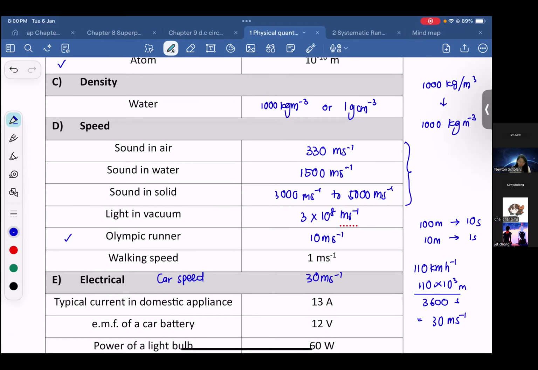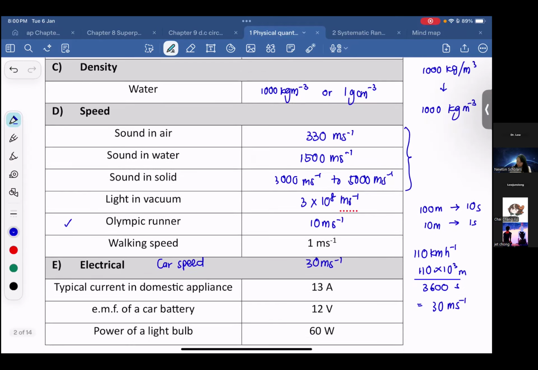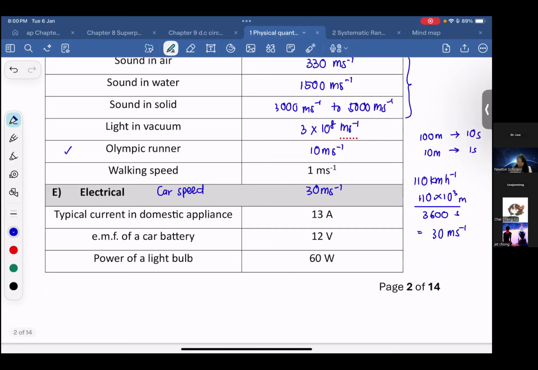Current in the appliance, for example a kettle. The current that we need is 13 ampere, because a kettle needs a high current to flow to heat up. Then EMF of the car battery is 12 volt.